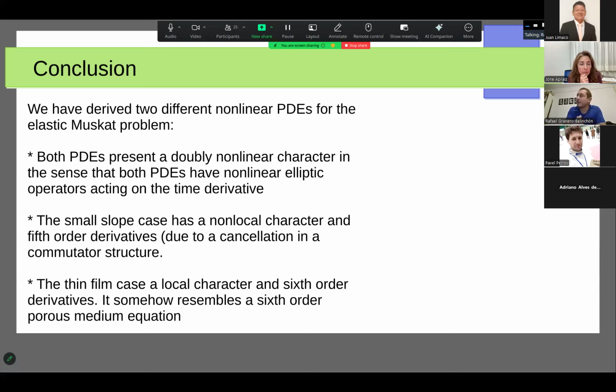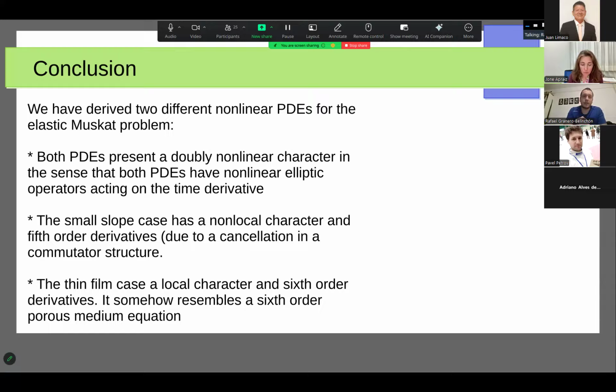The reason for the elliptic operator in the shallow water case is maybe less obvious, but I think it is also required. In my opinion, it's not a technical point. Maybe you are able to prove the result without A1, maybe in C1, but I cannot. And one, the small slope, is non-local, and the shallow water is completely local.